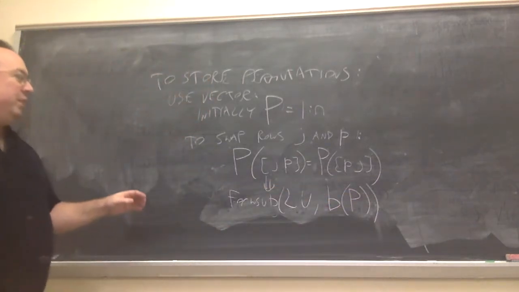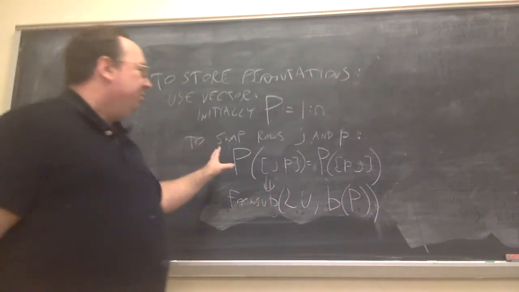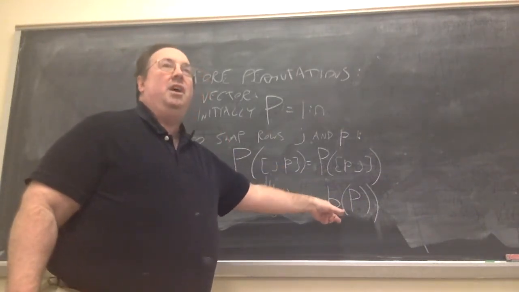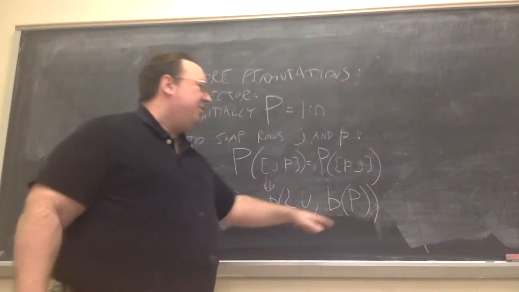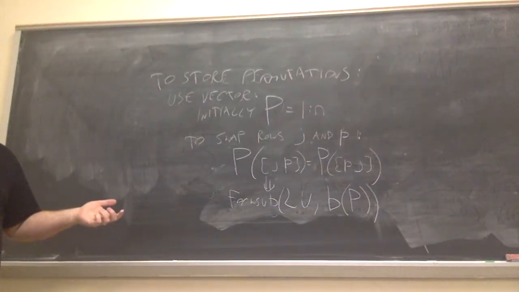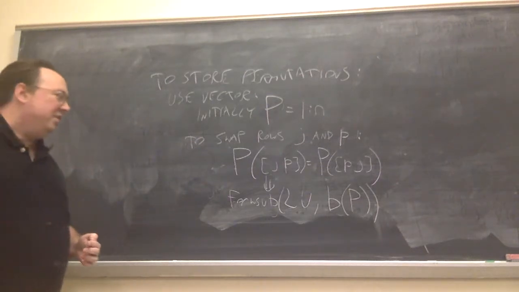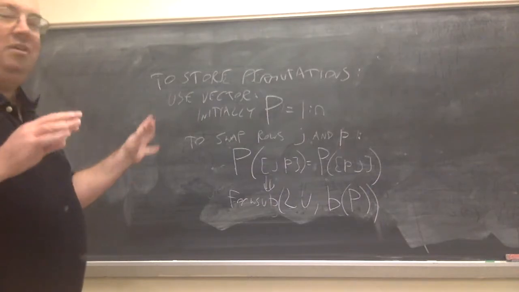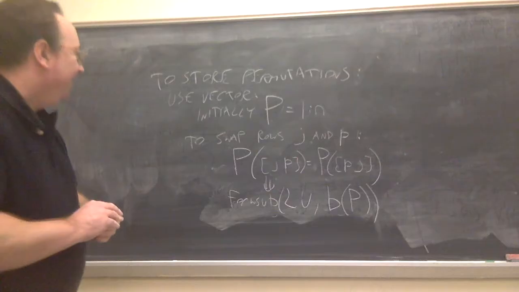So by working with a vector, it's very easy to work with this permutation of indices later on. This accomplishes the same effect as if you were to make a permutation matrix and multiply by that, but this is a whole lot more efficient. Okay, so that is the excessively long, ugly story of how pivoting is handled.